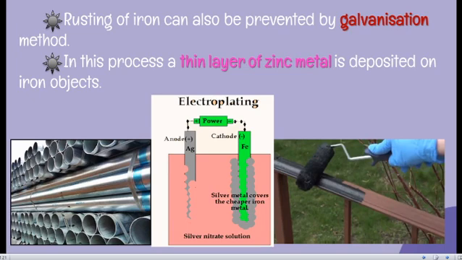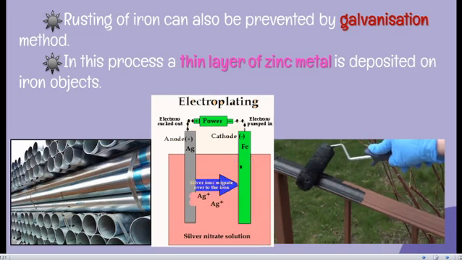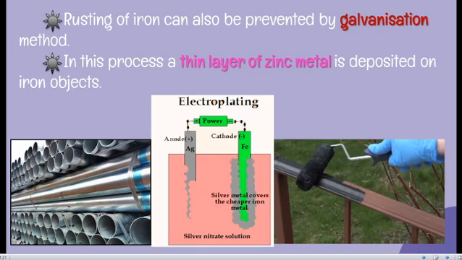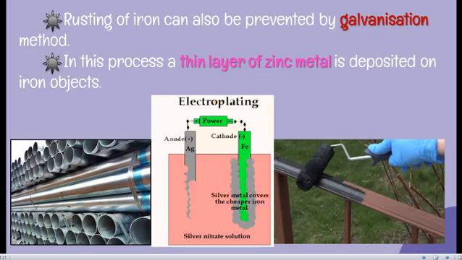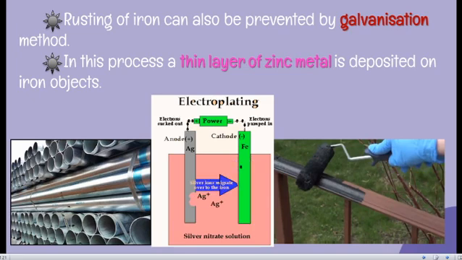In the galvanization process, the iron object is coated with a thin layer of zinc metal. We can see in this picture itself, a thin layer of zinc metal is added to the pipes, steel pipes, iron pipes. So we give a thin layer of zinc metal to avoid rusting in iron objects. That layer of zinc metal coating is called the galvanization process.